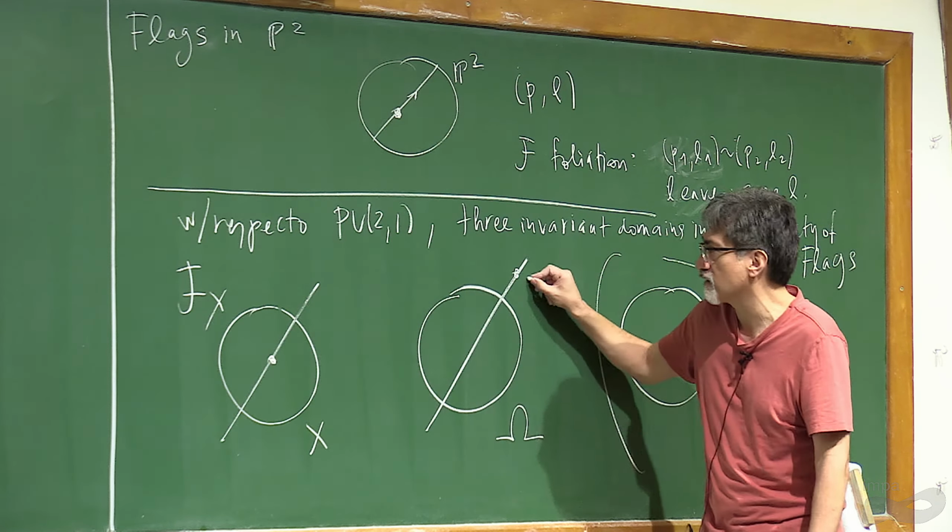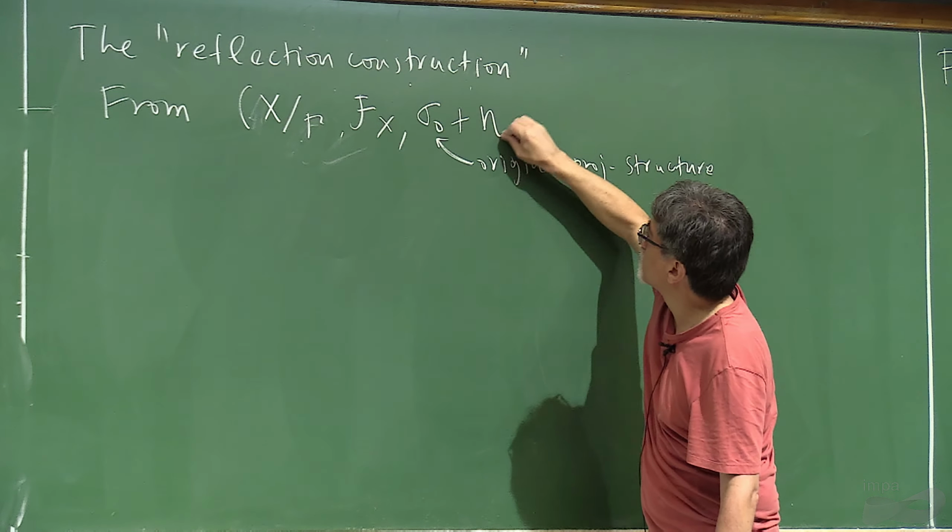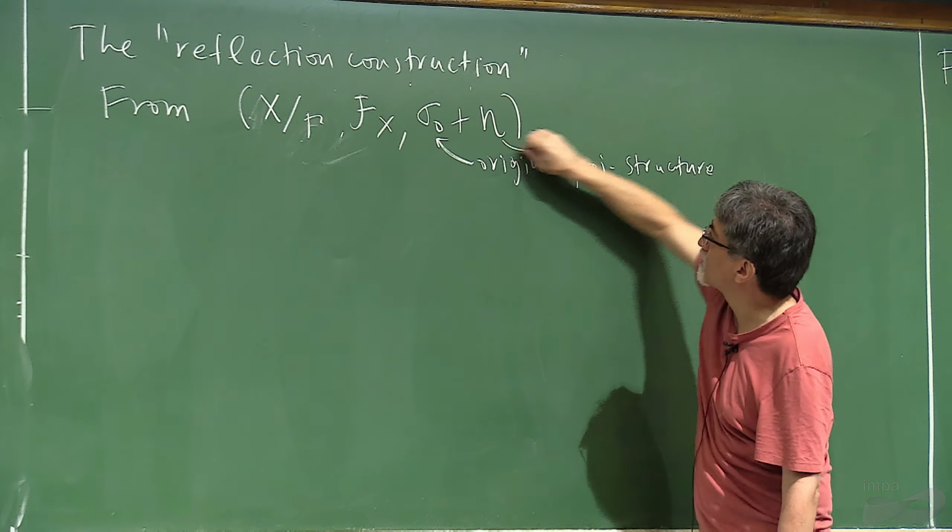construction from this data. So my manifold, my foliation, my original projective structure, and a quadratic differential.